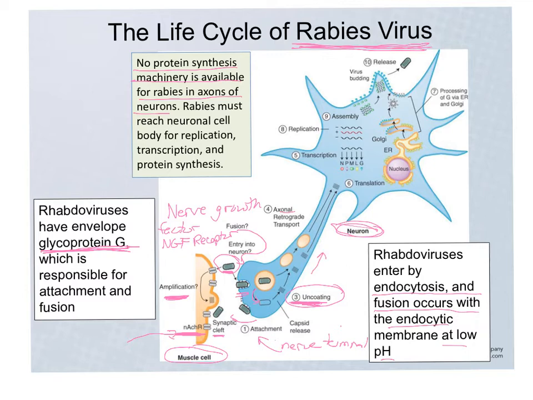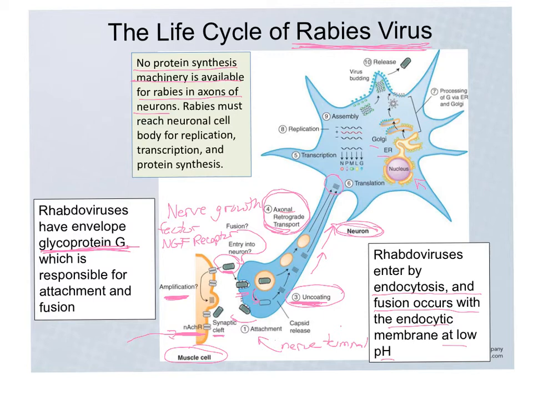What that means is that the virus has to travel along the axons, and it does that using microtubule-based axonal transport that allows the genome to get into the cell body. And in the cell body, we have all the stuff we need. We've got your nucleus, we've got your ER, the Golgi, all of the components, the ribosomes, amino acids, everything you need to make proteins and replication are found in the cell body.